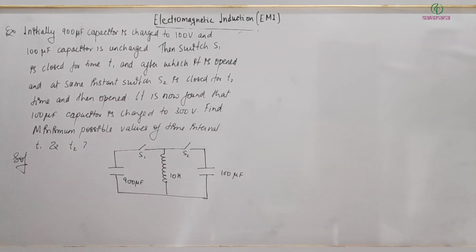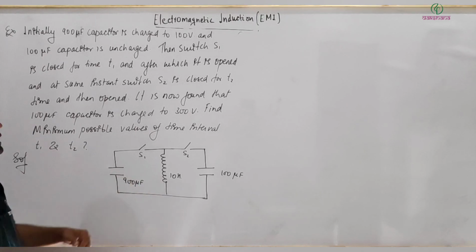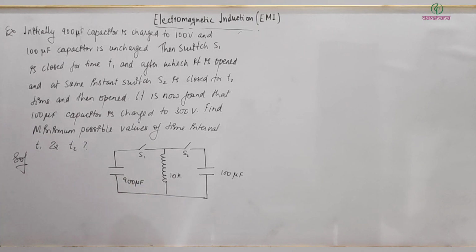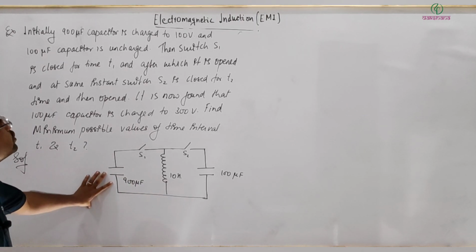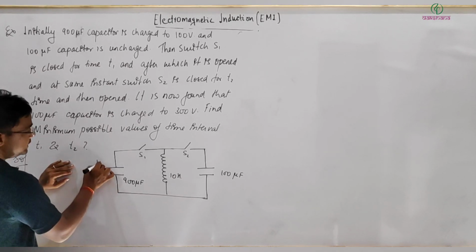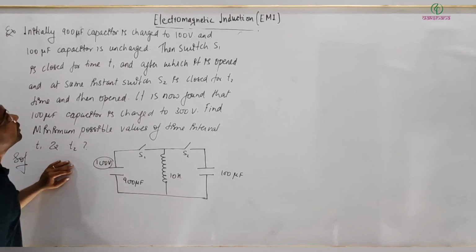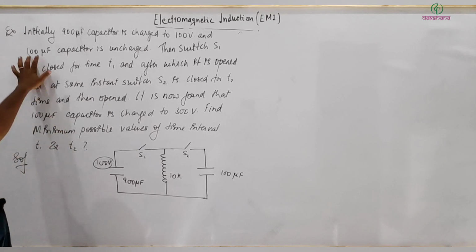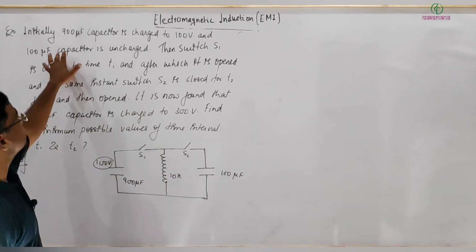Okay, so see the next problem, also based on the LC oscillator. This is the circuit diagram given. Initially the 900 microfarad capacitor is charged to 100 volt, and the 100 microfarad capacitor is uncharged.